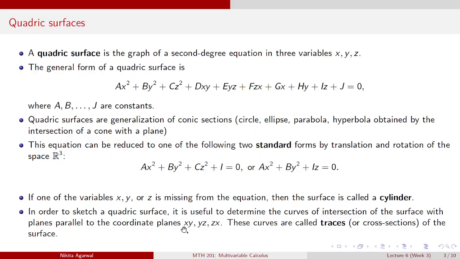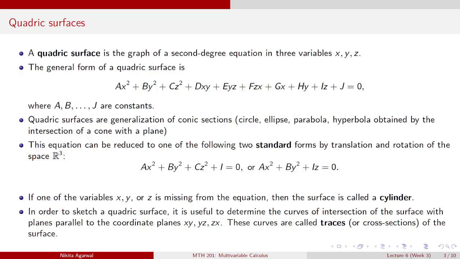What are coordinate planes? This we saw in the first week. The xy plane means the collection of all the points where z is 0. The yz plane means all the points in R3 where x is 0. The zx plane means all the points where y is 0.